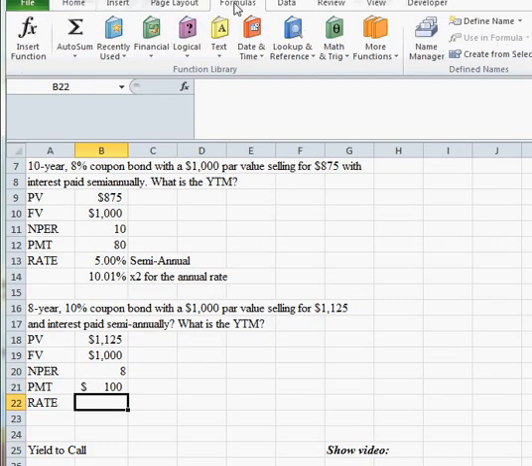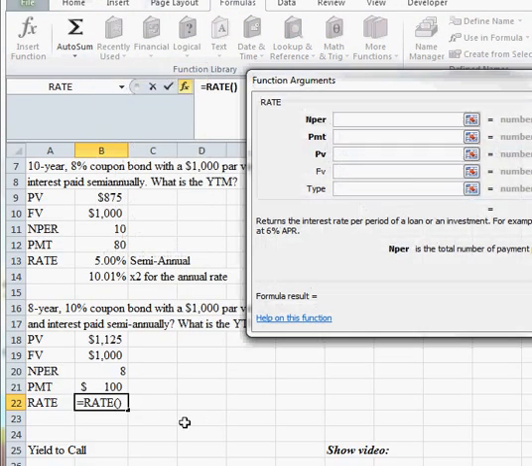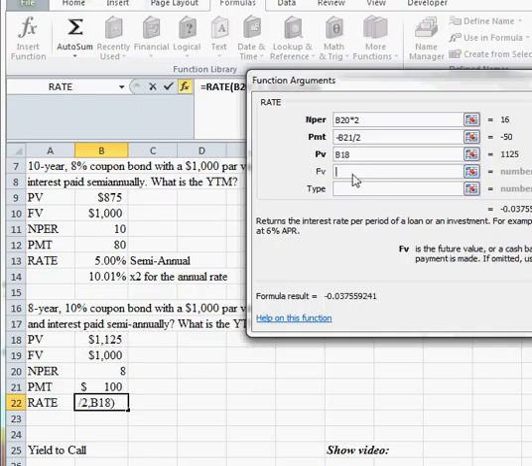So formulas, insert rate, semi-annual again. So 8 years, but times 2. So 16. The payment is the $100 divided by 2 is $50, and I'm going to make that a negative number. Present value is going to be the positive $1125, and the future value is going to be the negative $1,000.